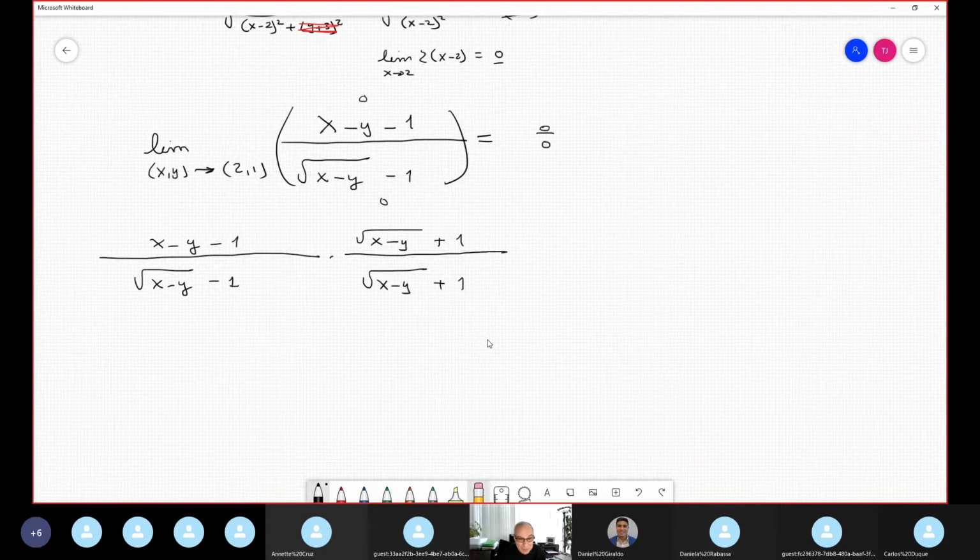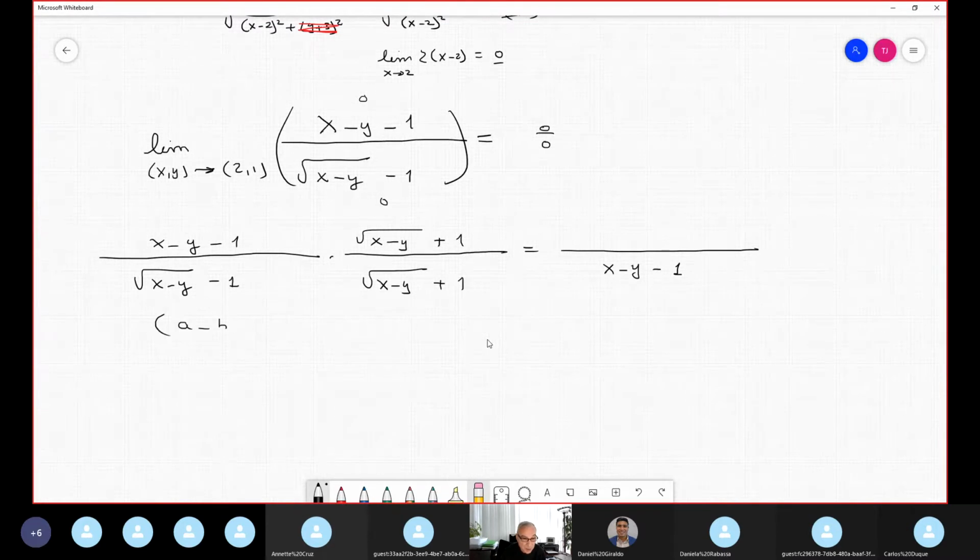This is classical. When you multiply the bottom part first, this time it is x minus y minus 1. This is classical, a minus b times a plus b. The answer is a squared minus b squared, no? A is the radical, square root of x minus y, and b is 1.